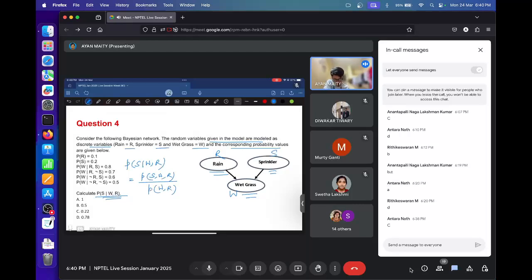We know that probability of A given B equals probability of AB divided by probability of B. This is the definition of conditional probability. So we simply apply it here.